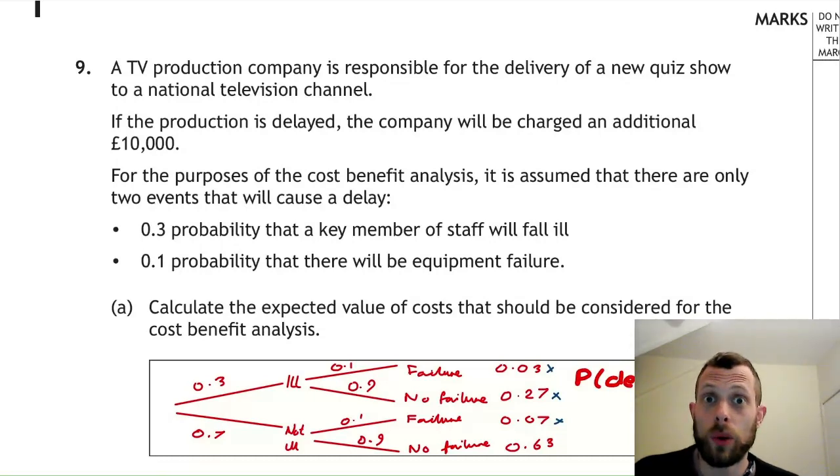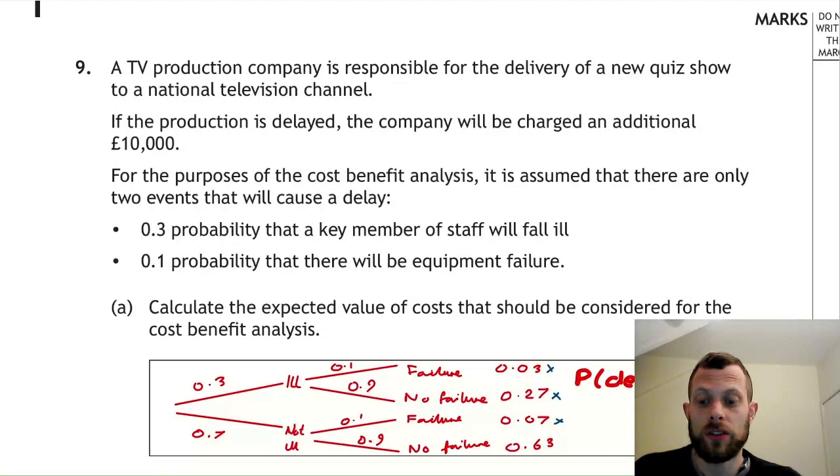The clever way of doing this would have been to work out the 0.7 times 0.9 to get 0.63. That's the probability of there not being a delay, and then do 1 minus 0.63.